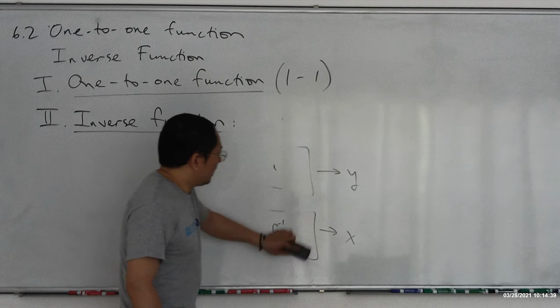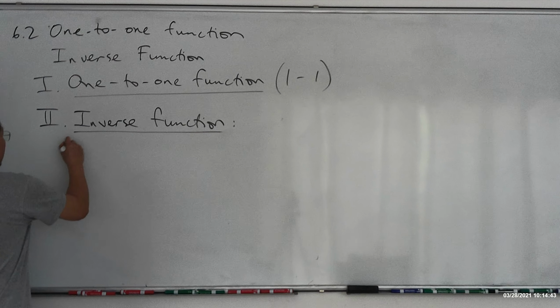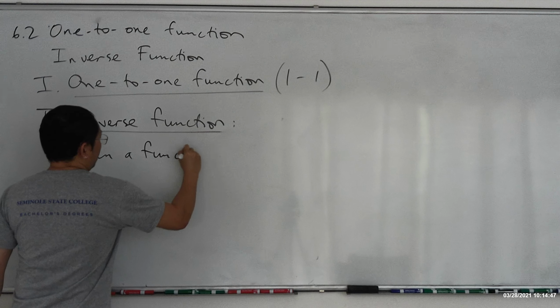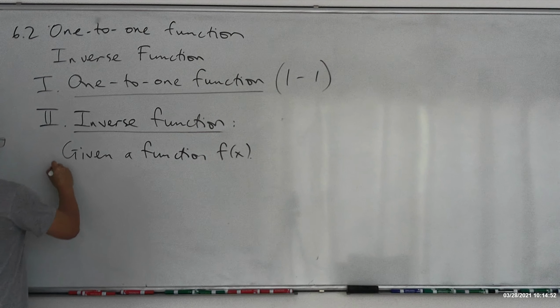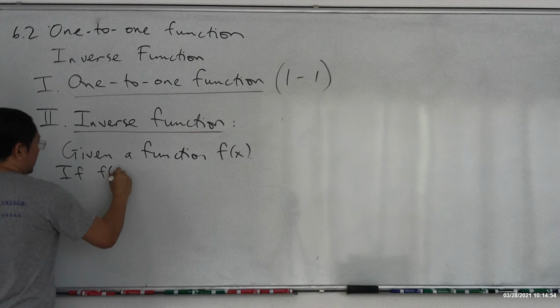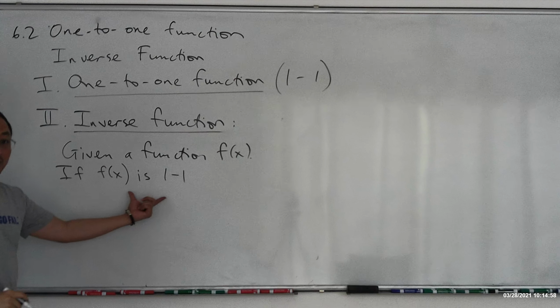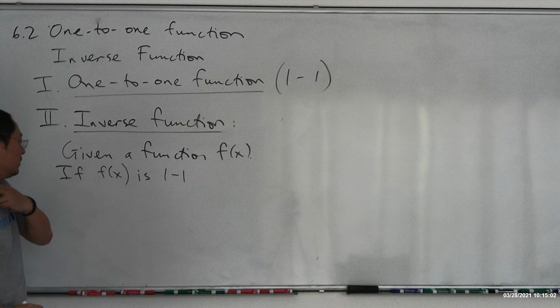So let me just write down kind of formal for you. Given a function f of x, okay? So I have a function. If f of x is 1 to 1, okay, I have to indicate that condition because only 1 to 1 function can have the inverse, okay?